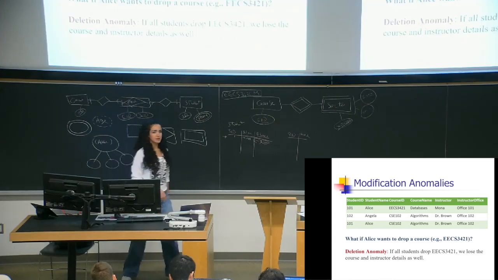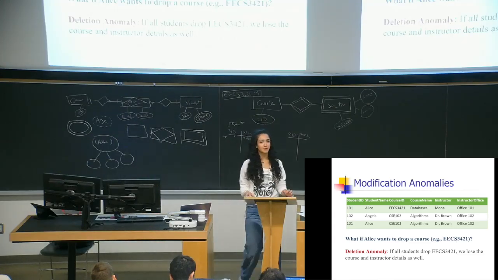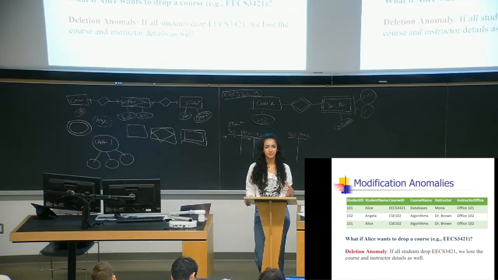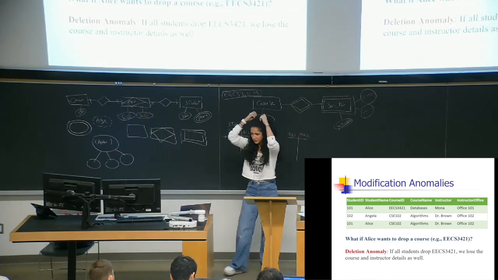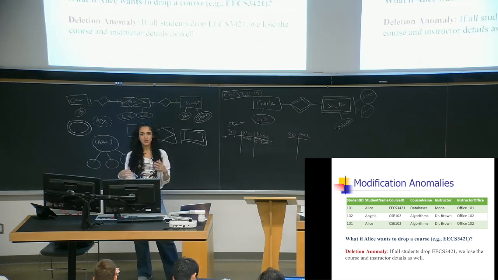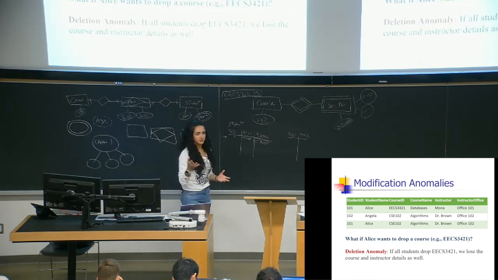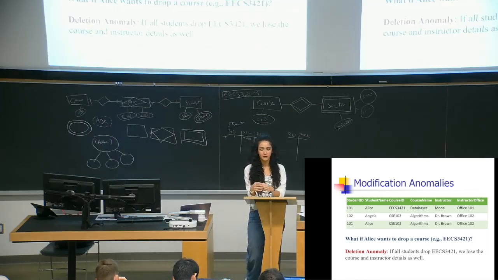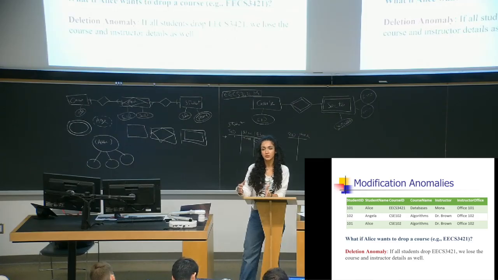I know some of these examples may not seem very feasible or practical. For example, you may think, no, not all students will drop a course, but this is just an example, right? It could be different things. The only thing that I want you to understand is that you want to delete something, but then you're deleting all other information that you don't want to lose.